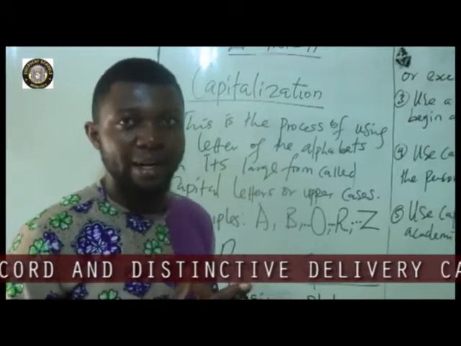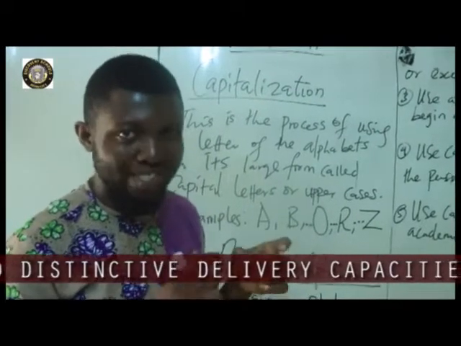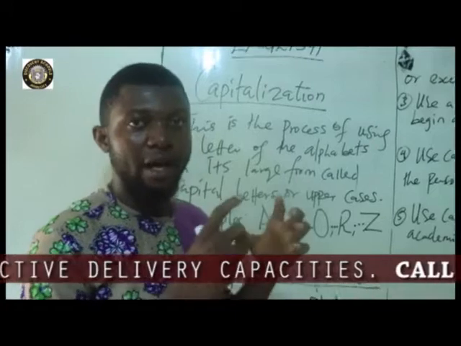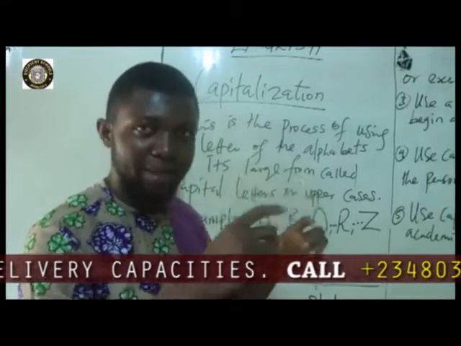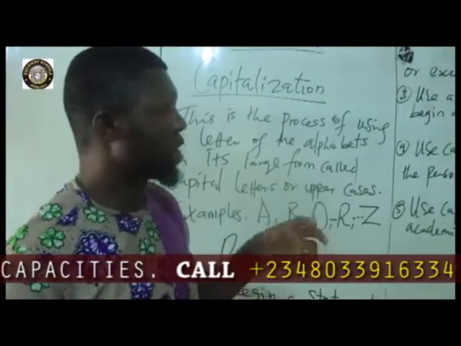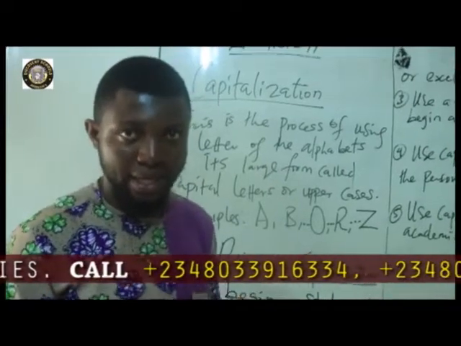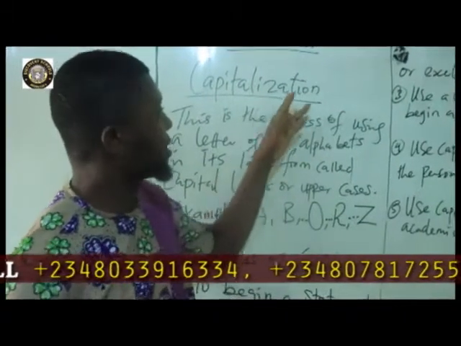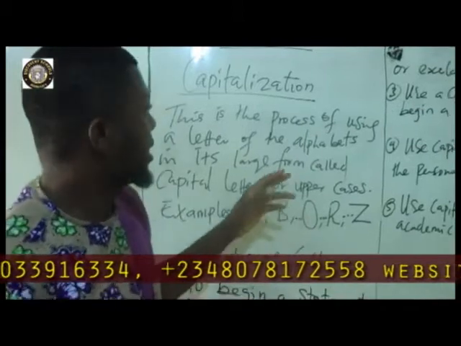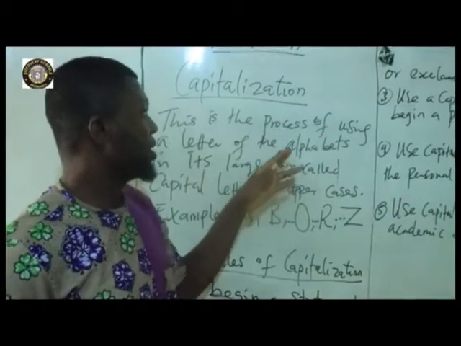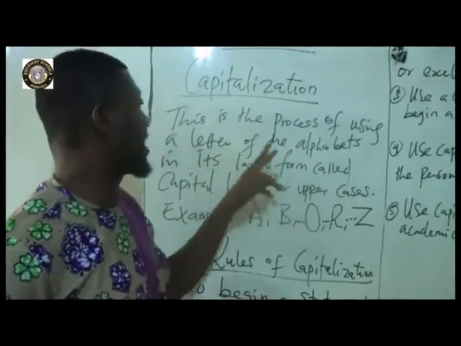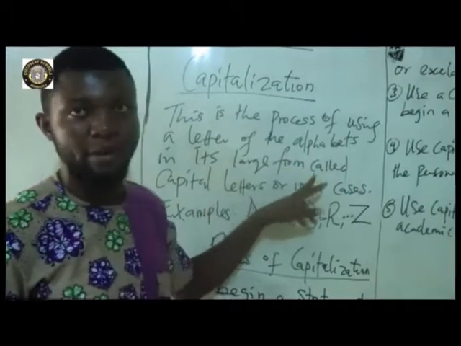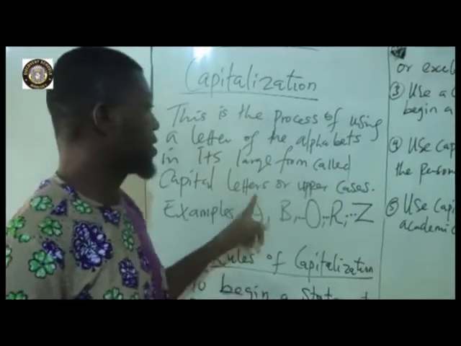We're going to lay more emphasis on the usage of the larger alphabets, which we call capital letters. The word capitalization is simply the process of using a letter of the alphabet in its large form, called capital letters or uppercase.